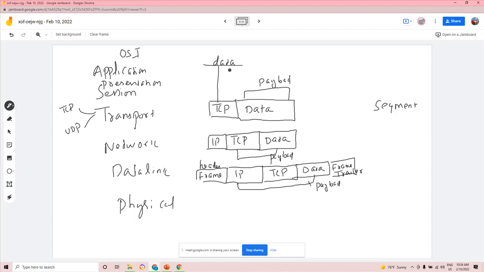Please understand, whenever the data comes to any specific layer, the protocol header has to be attached. The protocol header has various information. In the TCP header, it is the source port number and the destination port number.